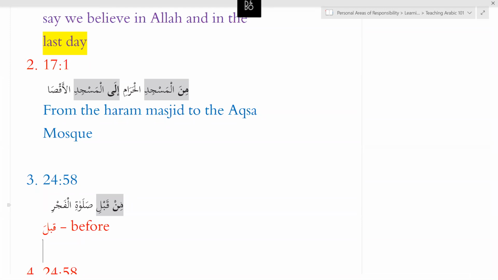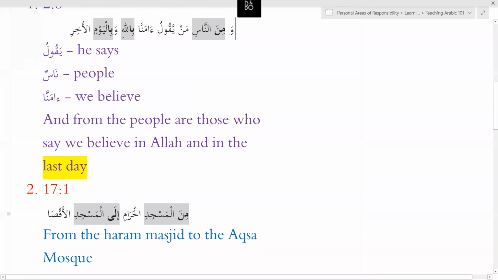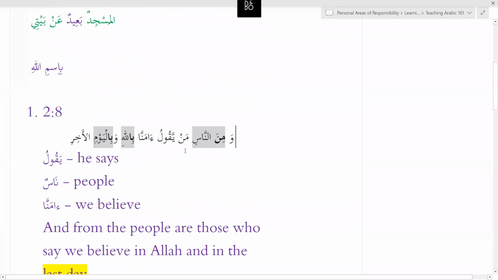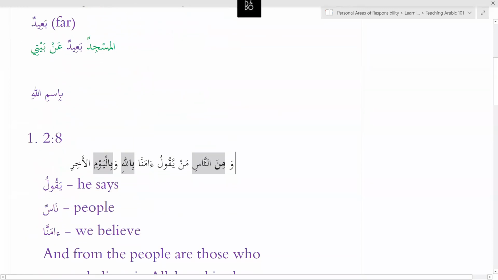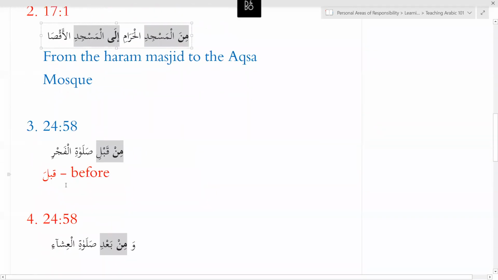What is min? Before? No, min. You just saw min. What is min, Zahan? From. Yes, min is what you just did, Zahan. You cannot forget min. You did a min just in the previous sentence.